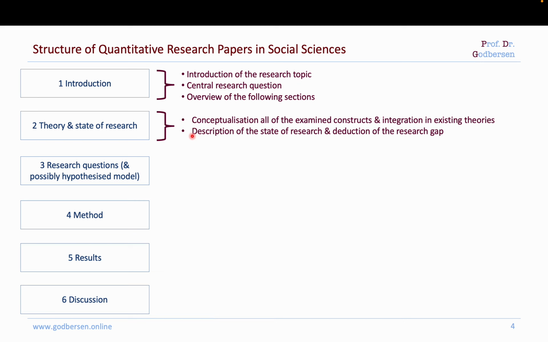Furthermore, you need to give the reader an understanding of the state of research. What are the antecedents of your constructs? What are the consequences? What are the correlates? So what did other researchers find out about the constructs you're examining? That is normally done through empirical research, and there you need to look into academic scientific journals.